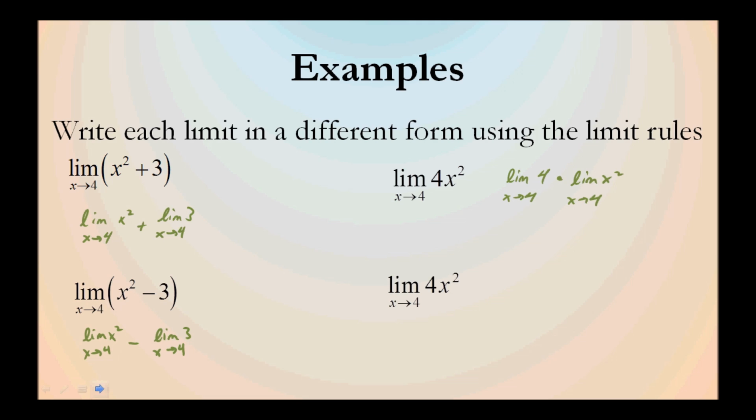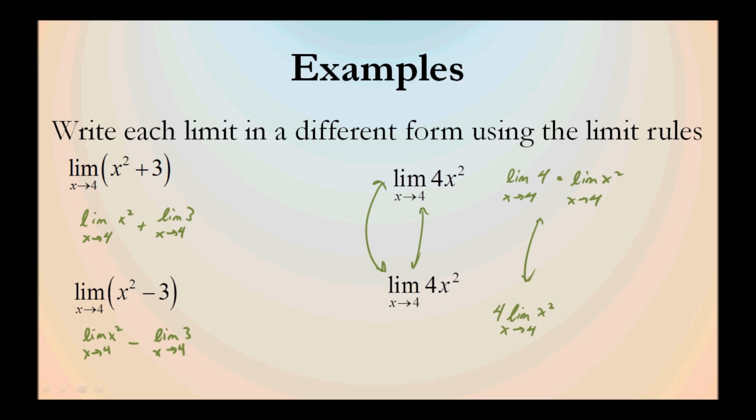And the limit of 4x squared as x approaches 4, same as this one, however we can rewrite it differently. We can rewrite it as 4 times the limit of x squared as x approaches 4. So this is just fascinating, how you can write two limits in different ways.